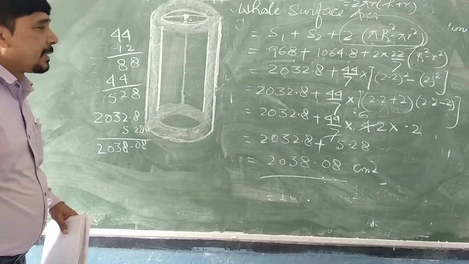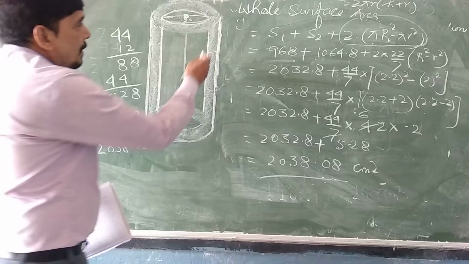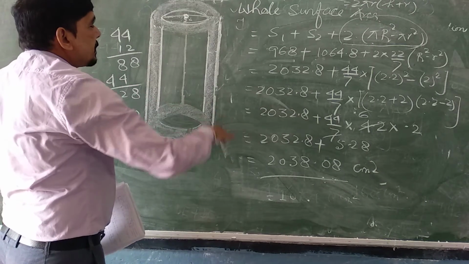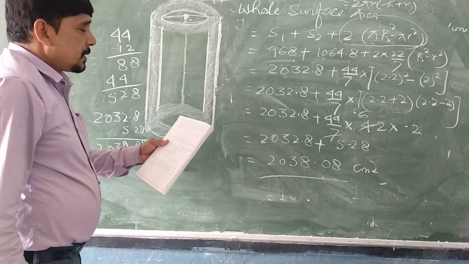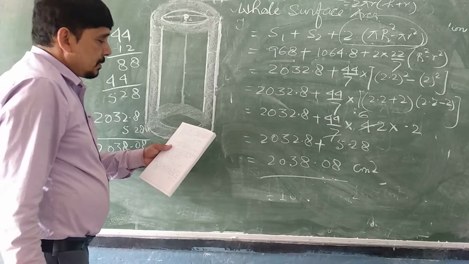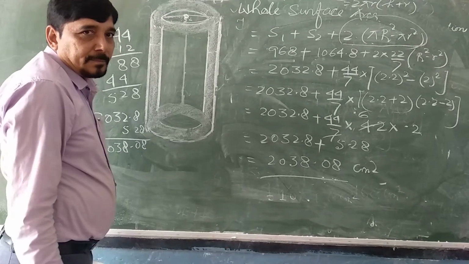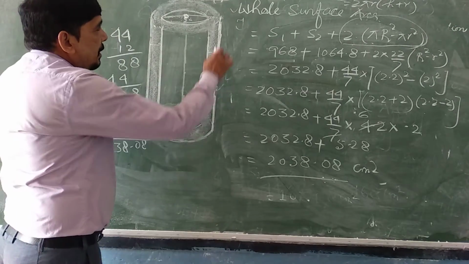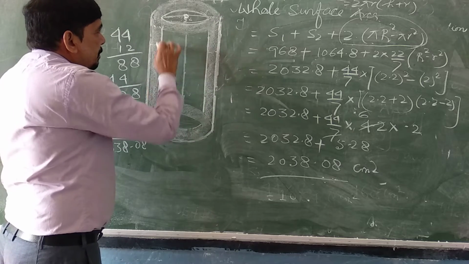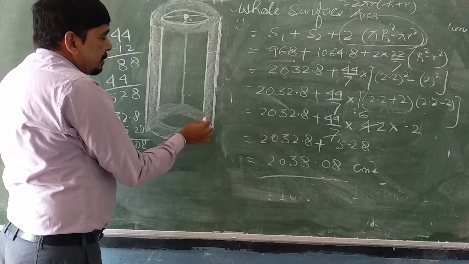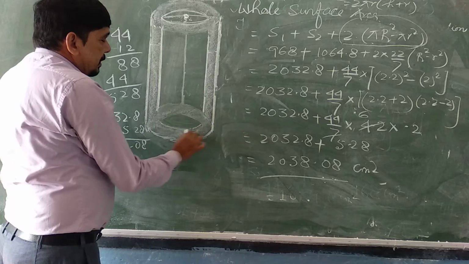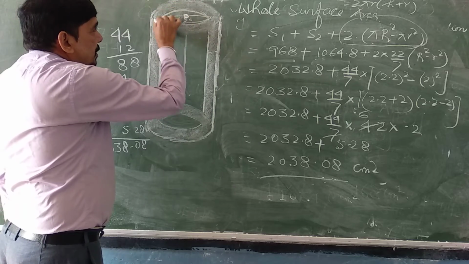Now you have to find the total surface area of the cylindrical iron pipe. It means you have to find the outer surface area plus inner surface area plus area of both circular ends.